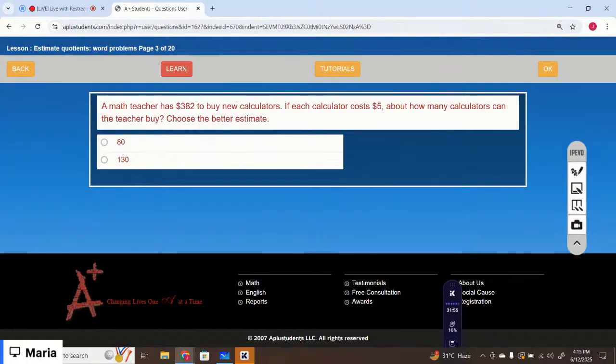A math teacher has $682 to buy new calculators. If each calculator costs $5, about how many calculators can the teacher buy? Choose the better estimate. So, which is the correct option?